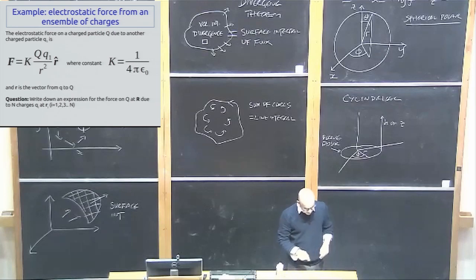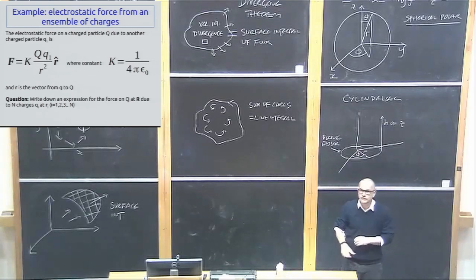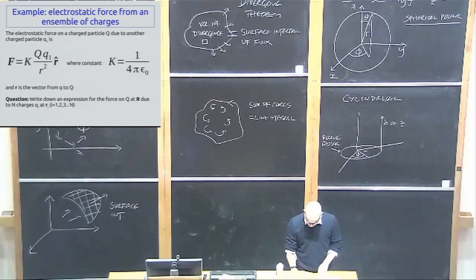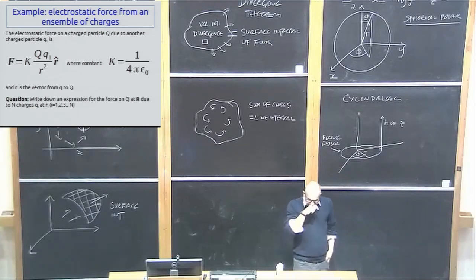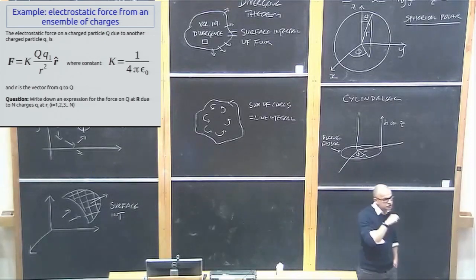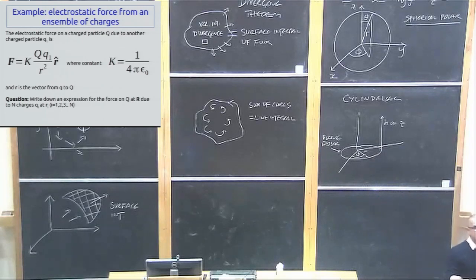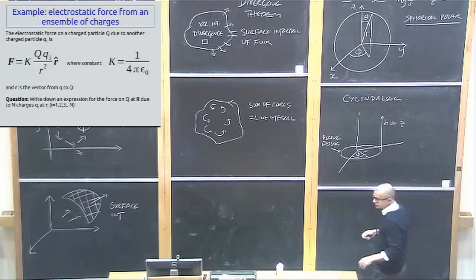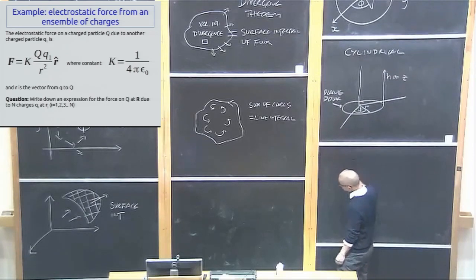Okay, so here's a quick example, which you may already have done in the electromagnetism lecture. This is an example simply showing the principle of superposition, which is relevant for electromagnetism, and also showing how you use vectors.